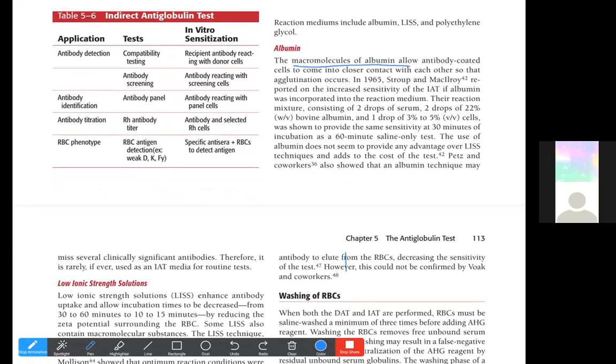The macromolecules of albumin allow the antibody-coated cells to come into closer contact with each other so that the agglutination occurs.